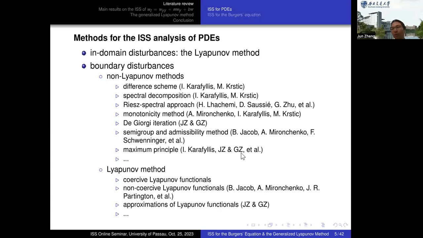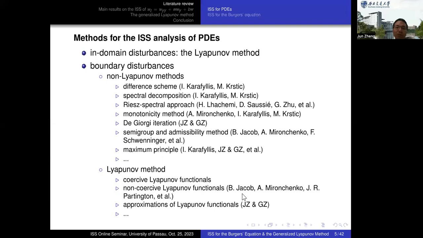For example, for PDEs with Robin or Neumann boundary disturbances, the Lyapunov method can be applied directly for the stability analysis. In particular, for PDEs with Robin or Neumann boundary disturbances, coercive Lyapunov functionals can be constructed. And for the one-dimensional heat equation with Dirichlet boundary disturbances, some non-coercive Lyapunov functionals can also be constructed.